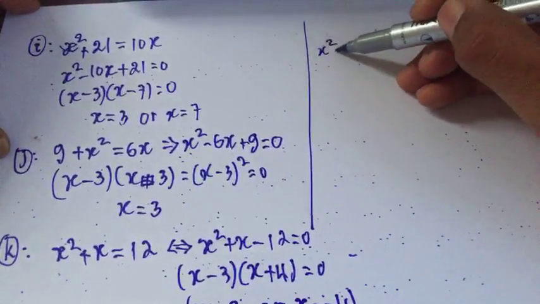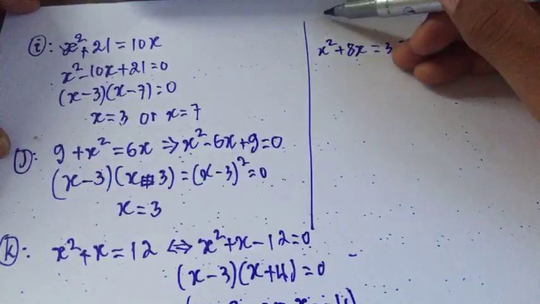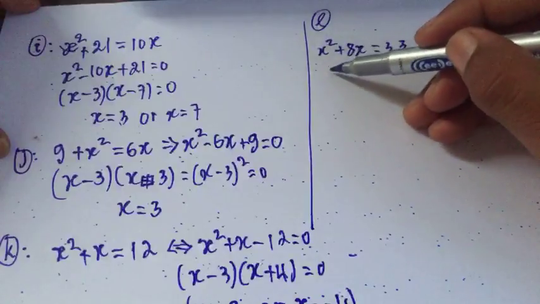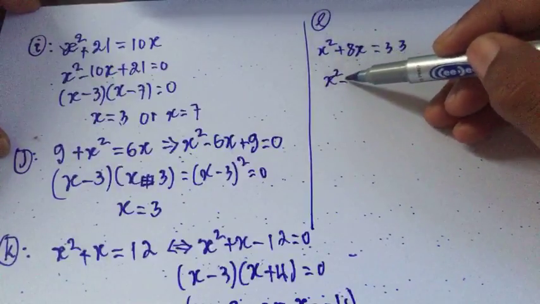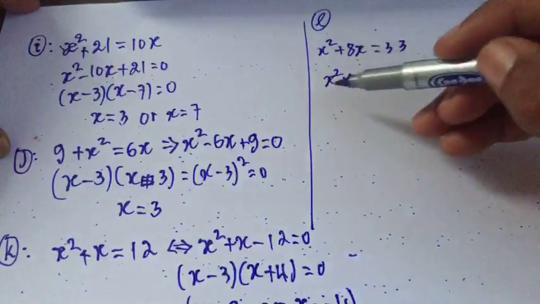Then we have x squared plus 8x equal to 33. After that we have x squared plus 8x minus 33 equal to 0.